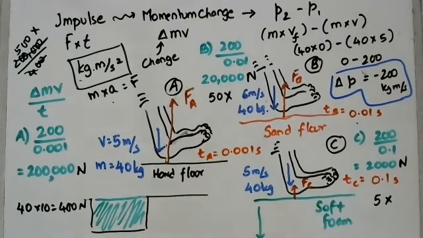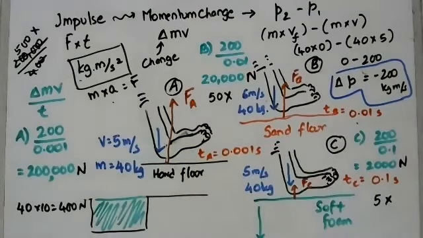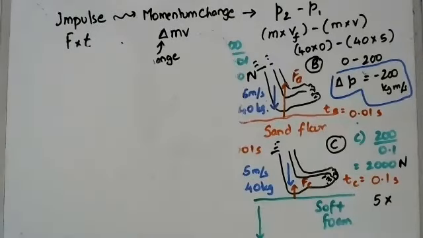If you drop a child onto a soft foam with those kinds of impact times, then nothing is going to happen. In fact, you might even have some fun. So in conclusion, we can say that rate of change of momentum is force. And I will illustrate that in a moment. If you have any questions, you can ask now.